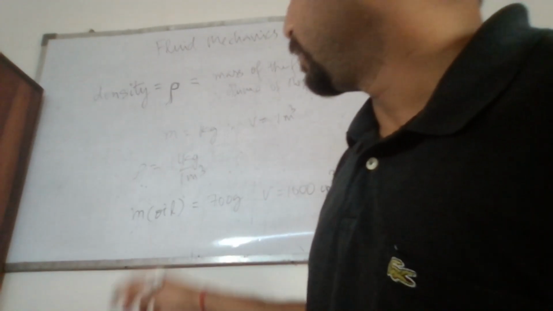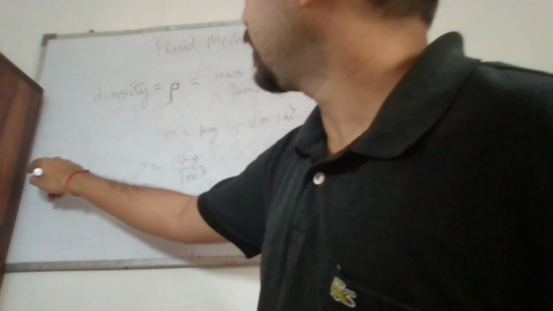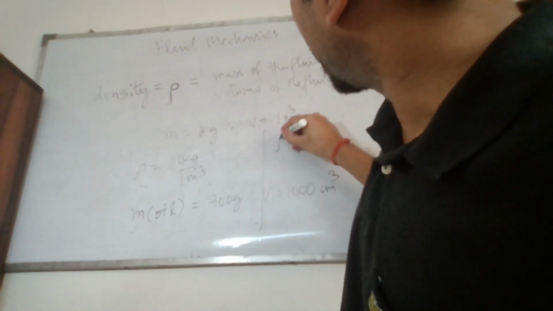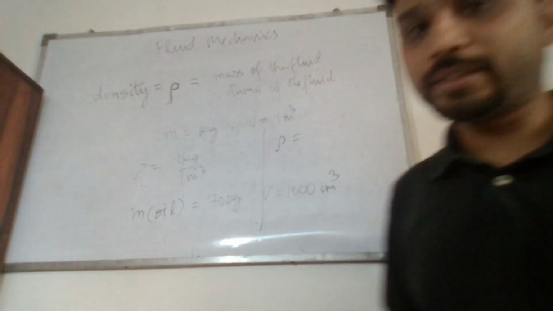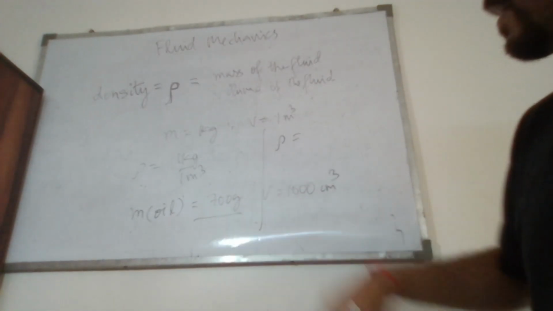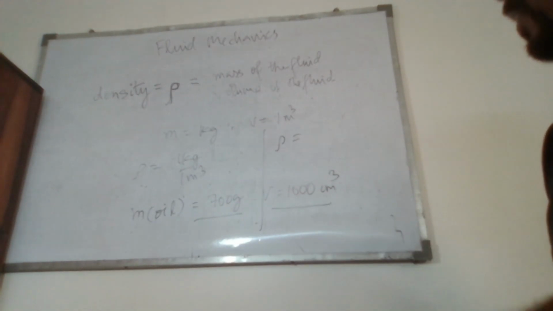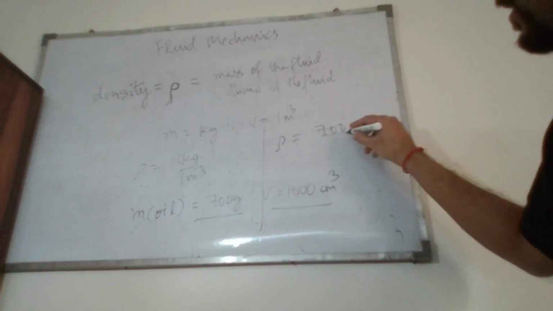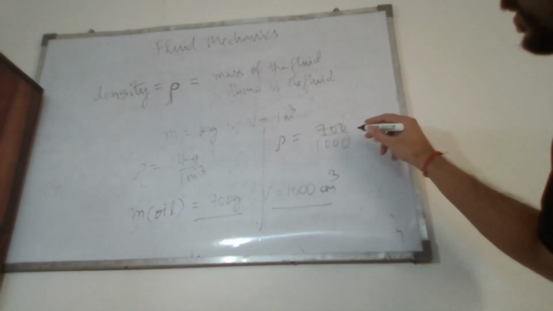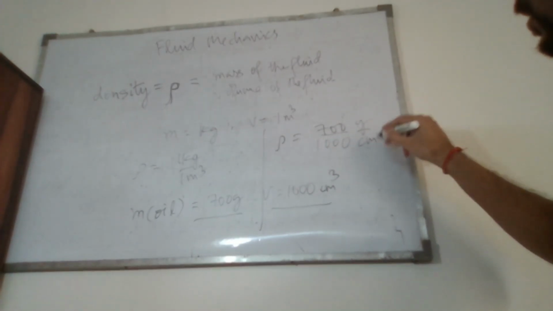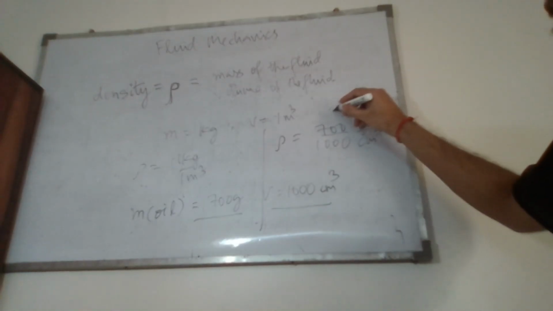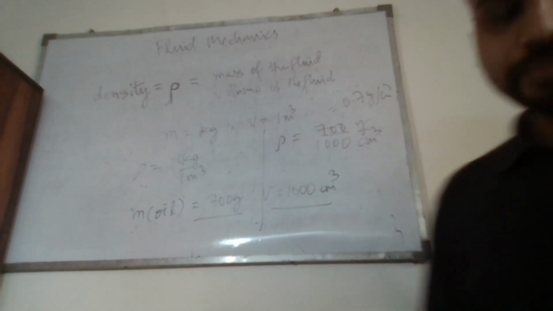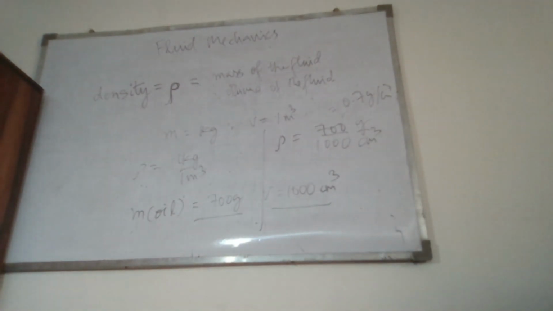So what is its density? Its density is 700 divided by 1000 gram per centimeter cube. That would be 0.7 gram per centimeter cube. So that is what density is.